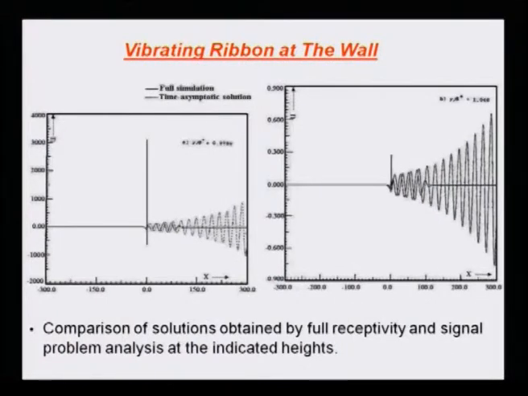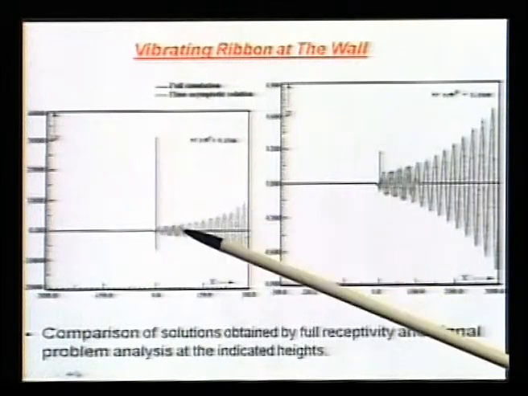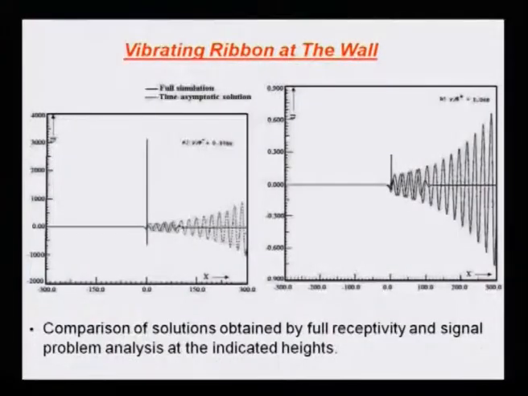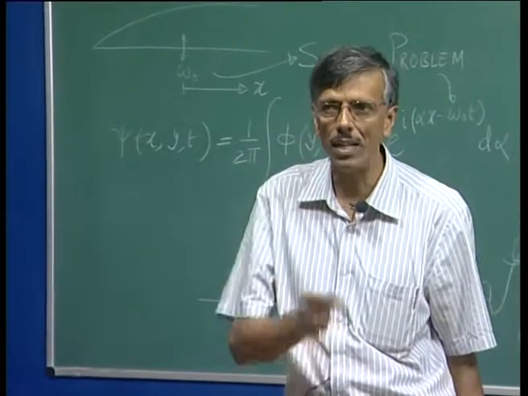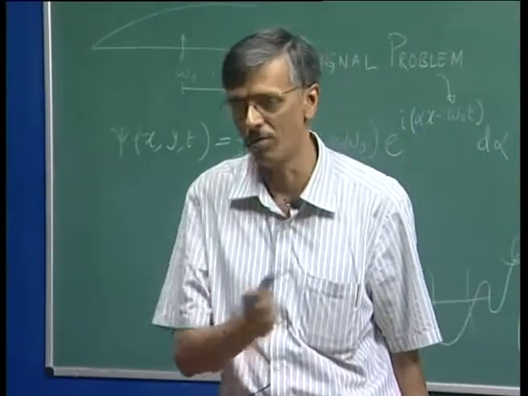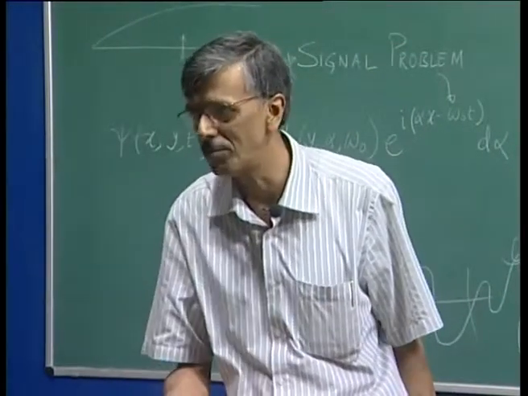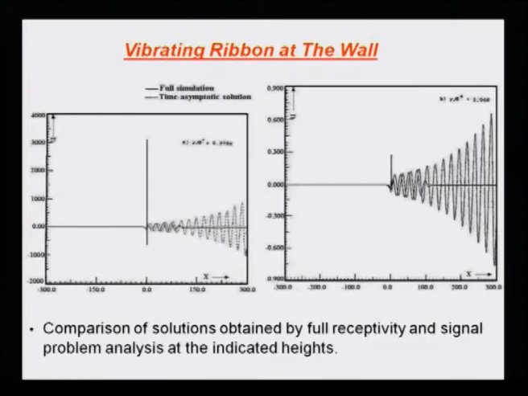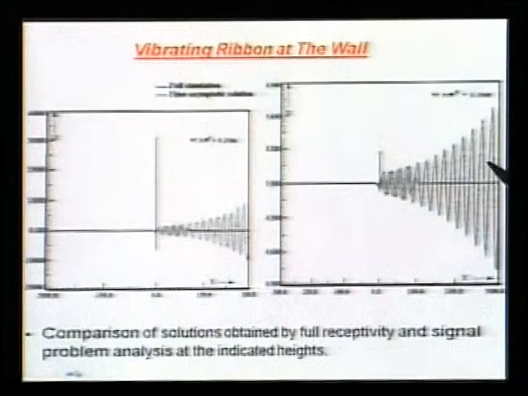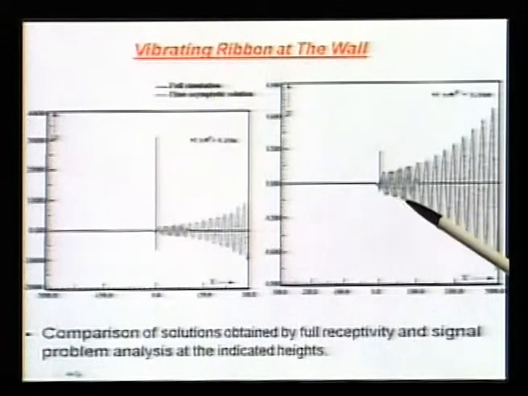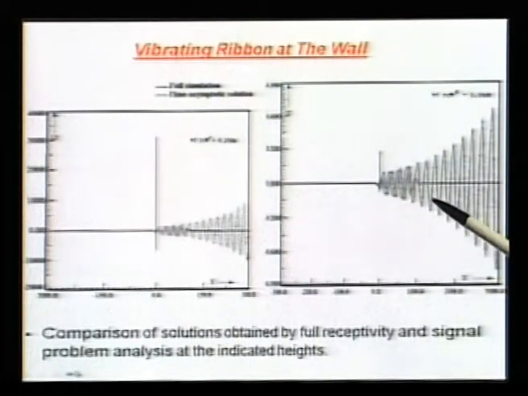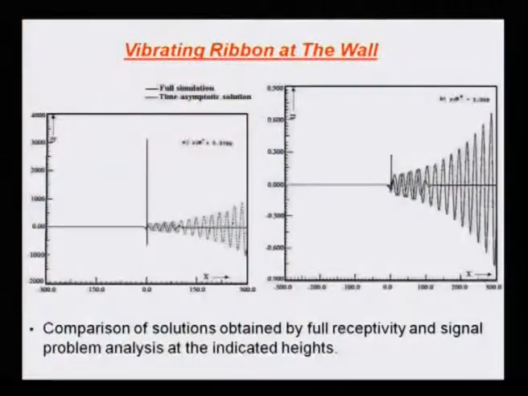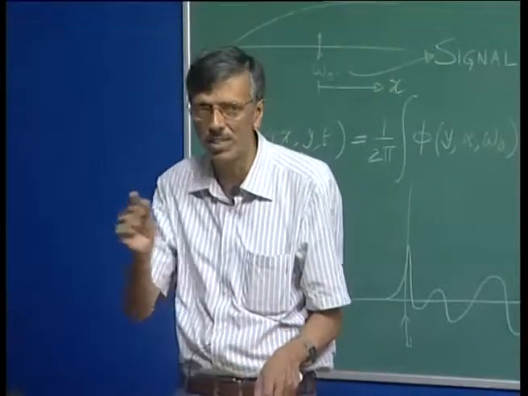So, you can see that where they exist together, they are indistinguishable. The only thing that you are seeing is some bit of difference in a phase shift, and that phase shift comes from where? Well, of course, how you start off the problem. I could have phase shifted the time asymptotic solution and made it match here, but we are purposely showing it next to each other so that you can distinguish.